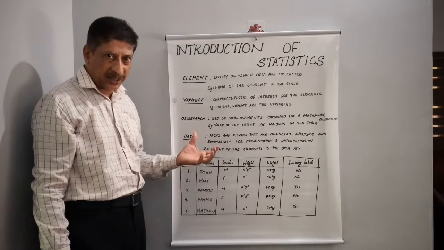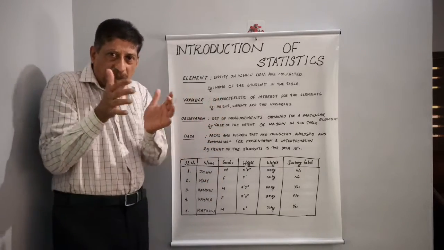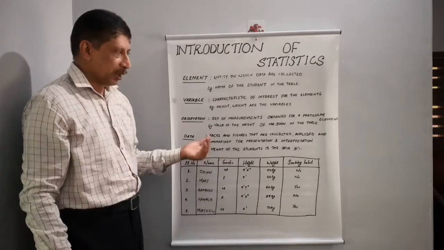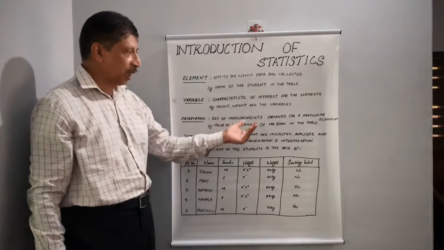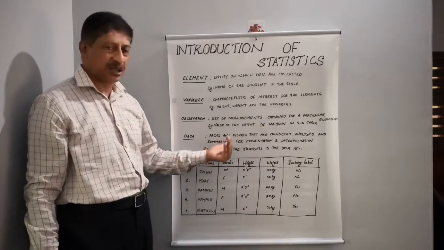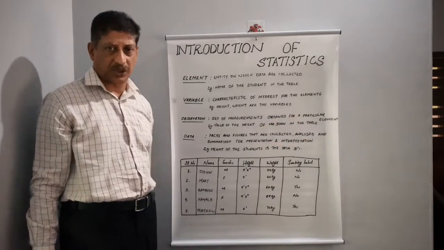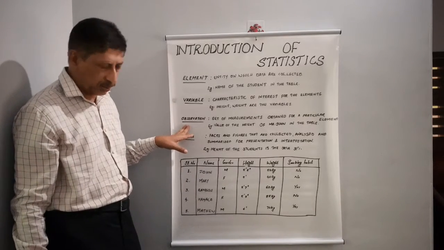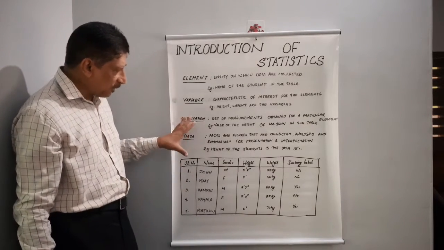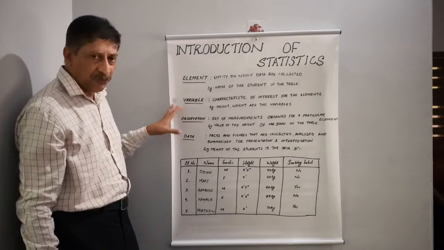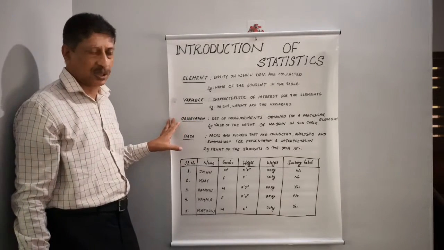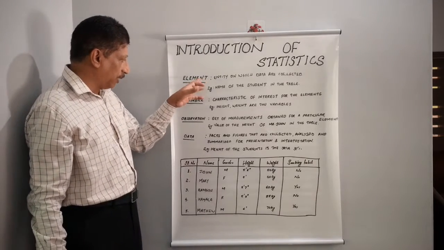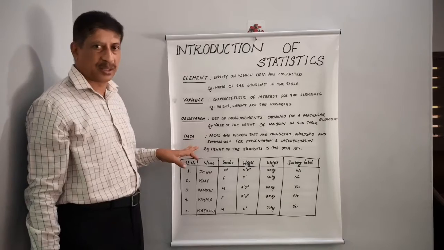The data is the complete set of figures or facts which we collect, and we are going to analyze and summarize it for presentation and interpretation. These are the 4 terms which we frequently use in statistics. I hope you understood the words element, variable, observation and data.